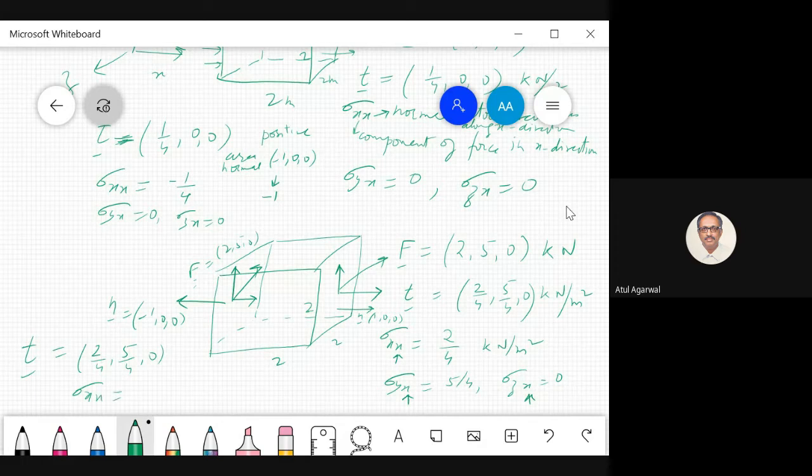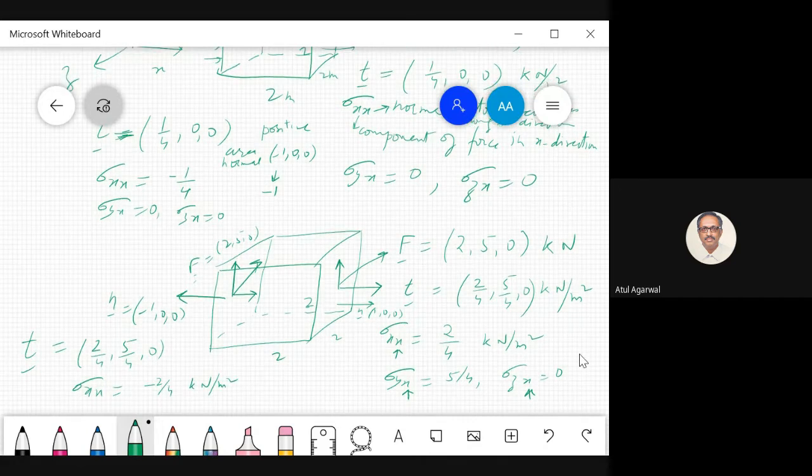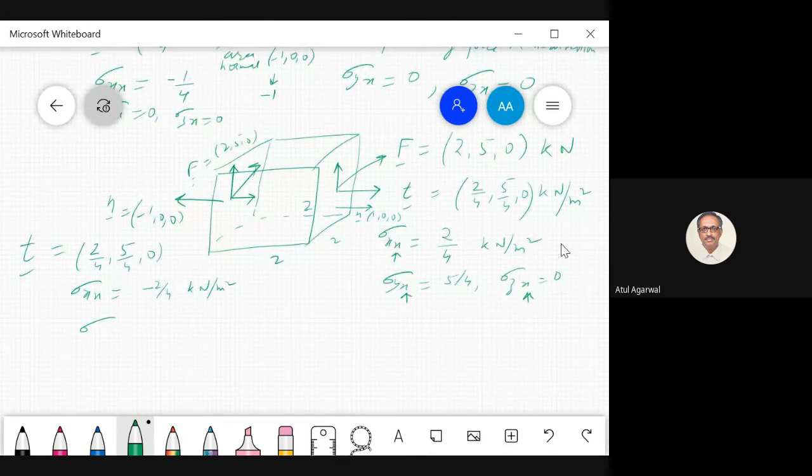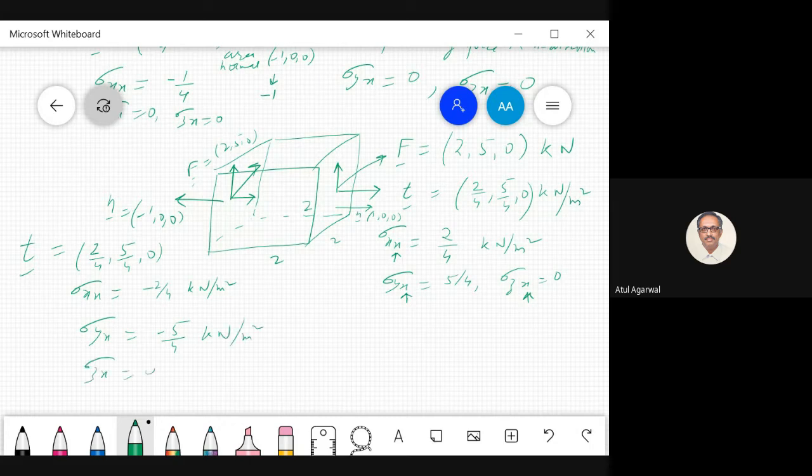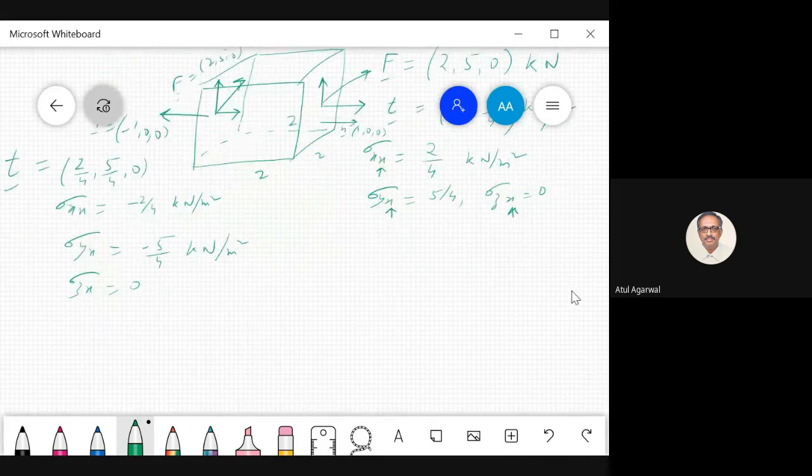Since the area normal is negative, you have to multiply this traction with a minus sign to get sigma xx. Any problem with this? So I'm trying to teach you stress nomenclature and stress sign convention.